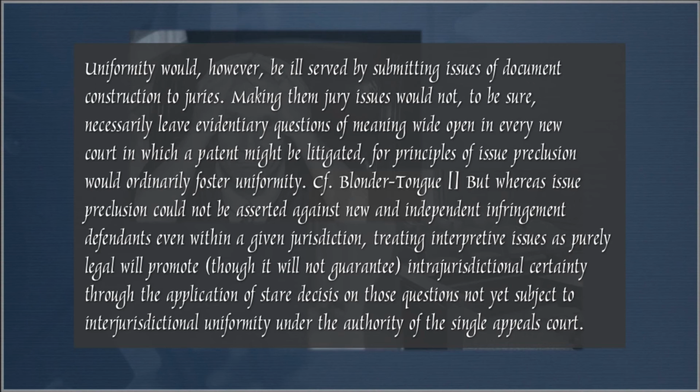So the implication of Markman is that judges should be doing claim construction because the Court of Appeals for the Federal Circuit is going to create a uniform system of claim construction rules.